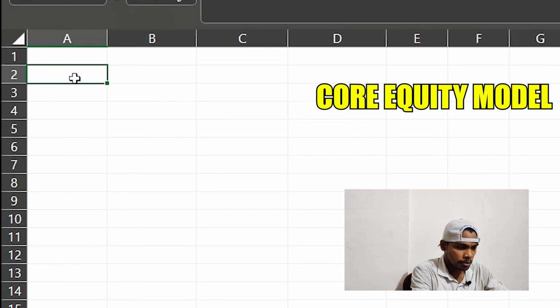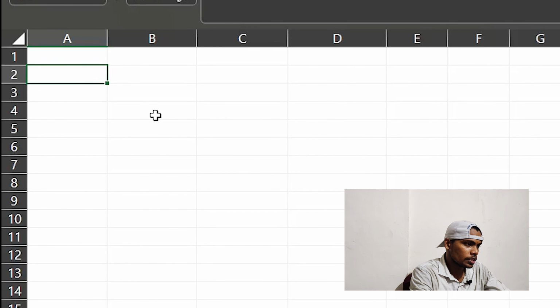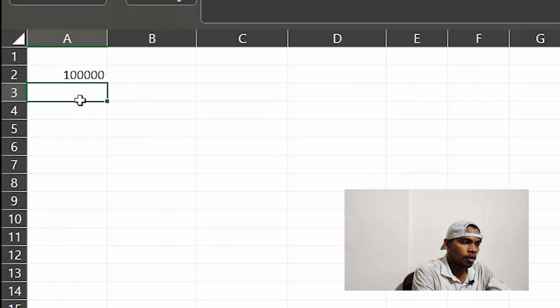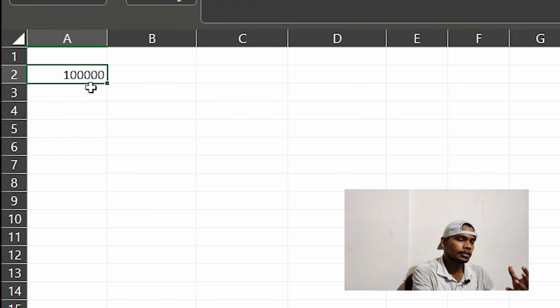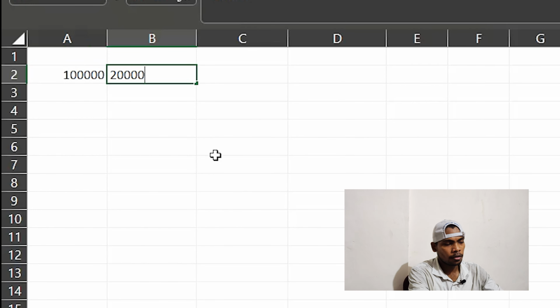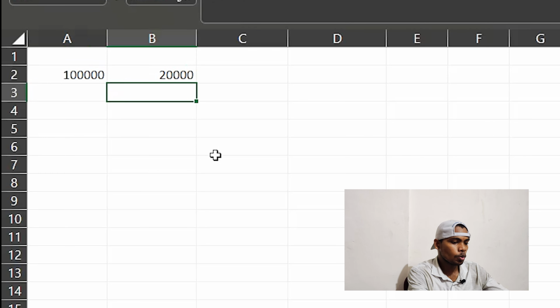As you can see on my screen, let us imagine we start with a 1 lakh capital. For a 1 lakh capital, let's imagine we are using a 20% position sizing technique. So for the first trade we will use 20,000 as the amount. So 20,000 is gone from our capital.